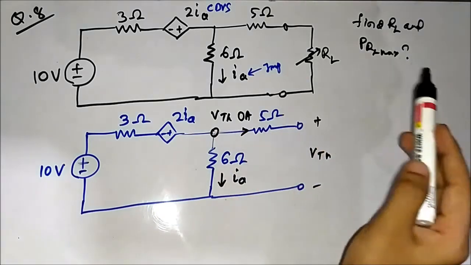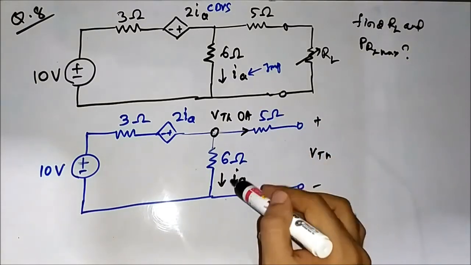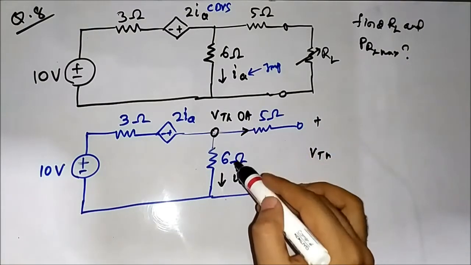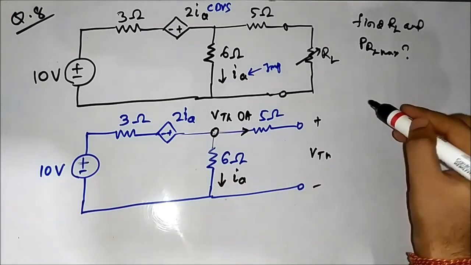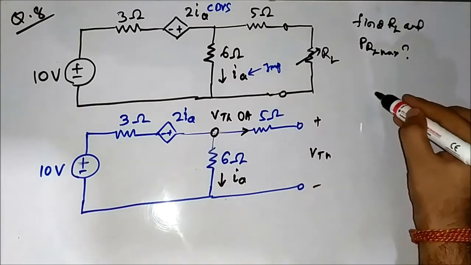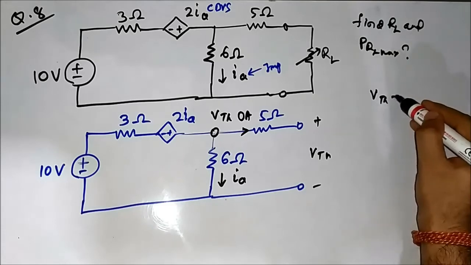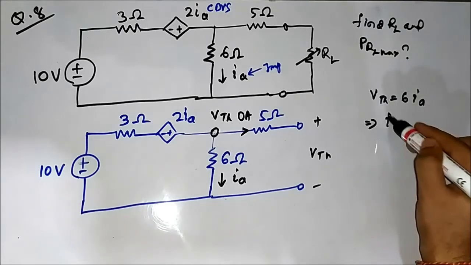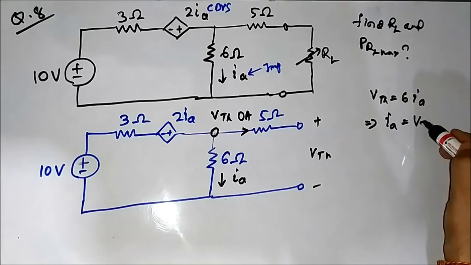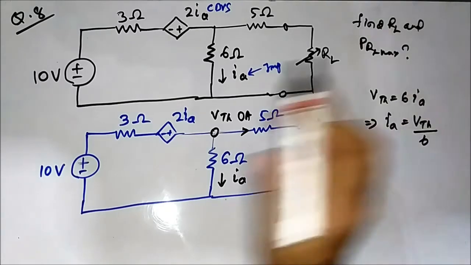So another important thing to notice is that this VTH is actually equal to 6IA. Okay, VTH is equal to 6IA, or we can write IA is equal to VTH by 6.